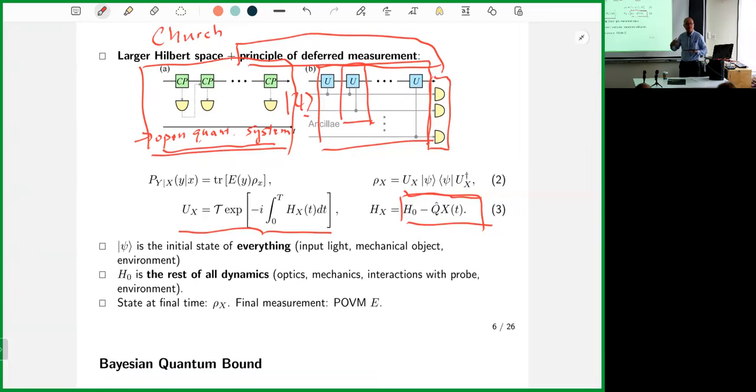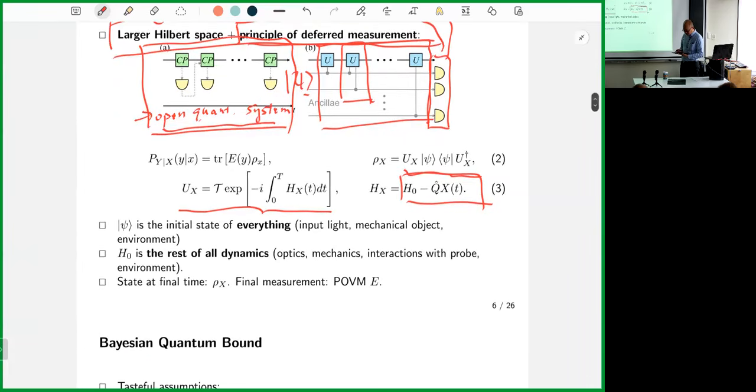Even if you do measurement and then you do feedback, you can remodel everything in terms of unitaries, in terms of CNOT gates and all that. So the nice thing about this formalism is really that anything you can do, you can model it using this sort of approach. Of course, there's a price to pay. I'll talk a little bit about that later, but in principle, it's possible.